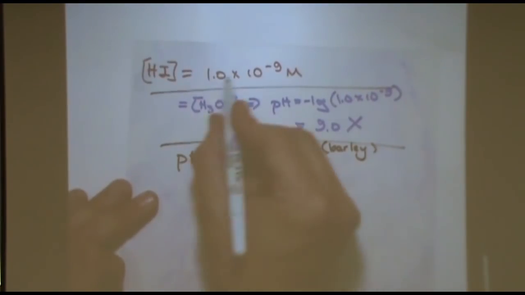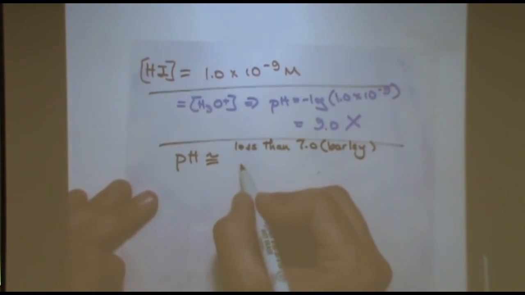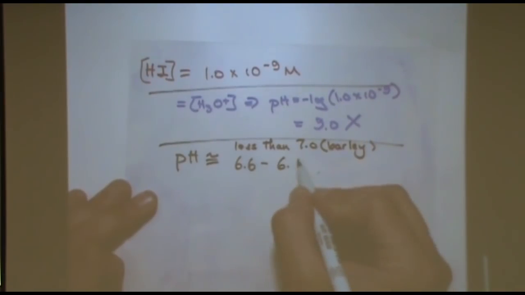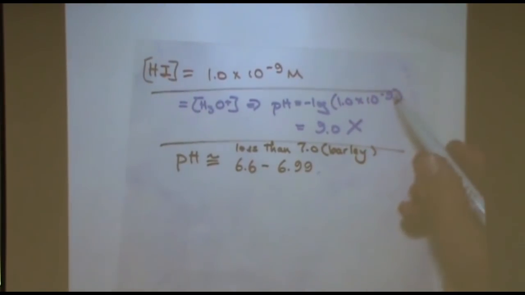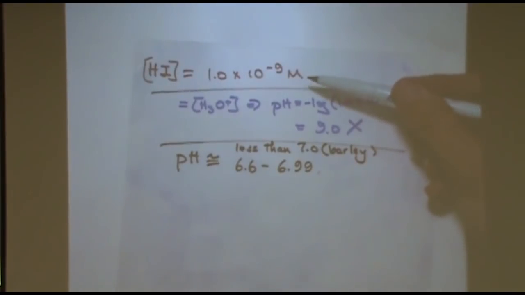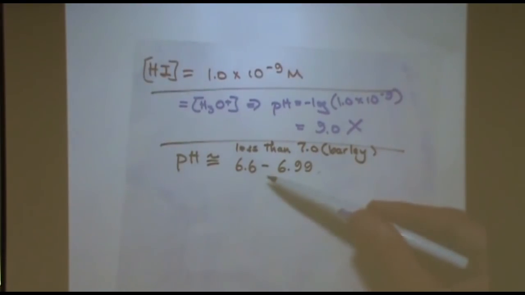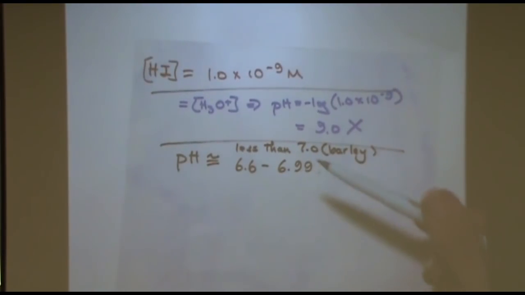Depending on what this concentration is, I'd expect anything from approximately 6.6 to 6.99. The smaller this number compared to the 10 to the minus 7, the closer it is to 6.99. The larger this number, if it's larger than 10 to the minus 7, then it drops more, like 6.8, maybe 6.7, etc.